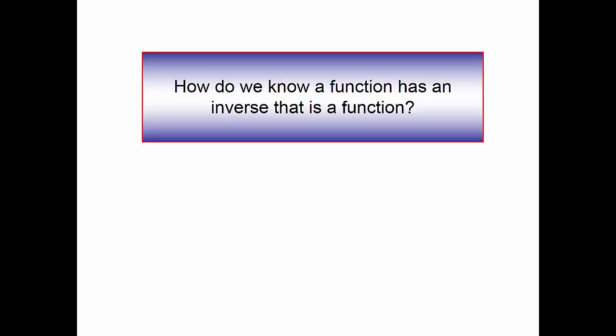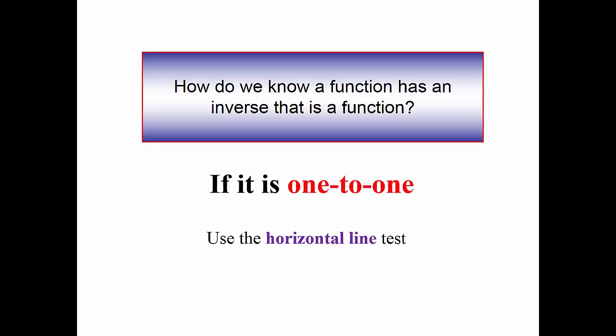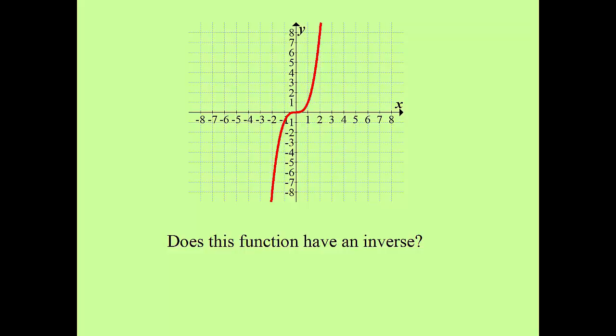Now let me show you how we can determine if a function indeed has an inverse. If we draw a graph of a function, it has to pass what's called the horizontal line test. If you put a horizontal line on here, it has to touch in one spot wherever the line is. This one does, so it would have an inverse.